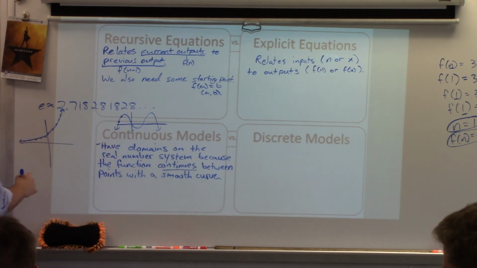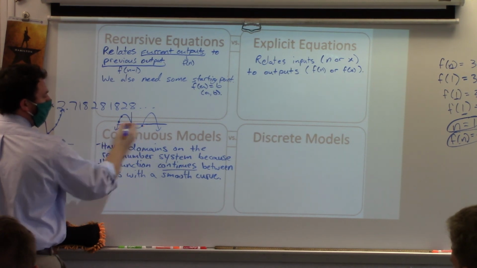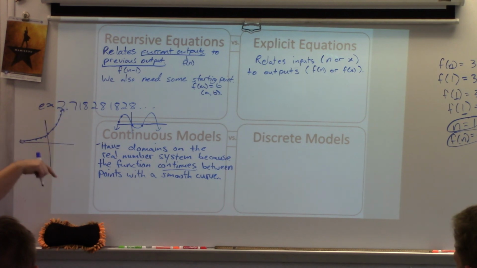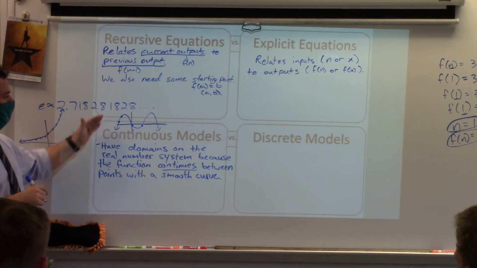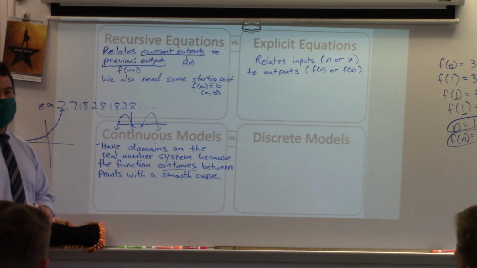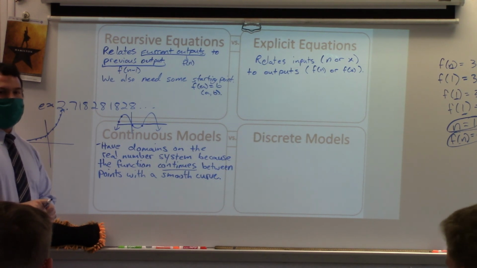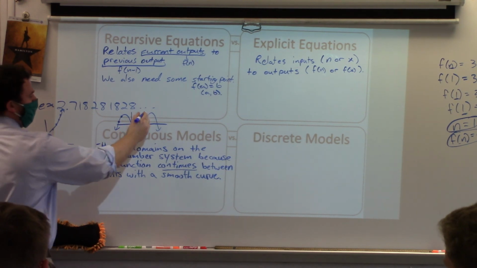Does it have a smooth curve in between those points? What about between here and here? Yes. So even though it's cutting back and forth, is it a smooth curve? Yes? Are there a bunch of points there? Yes. So is that a continuous model? Is it continuing between any two points you could identify? Yes. Well, I've only shown four, but there's like a million.